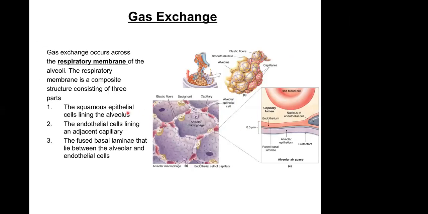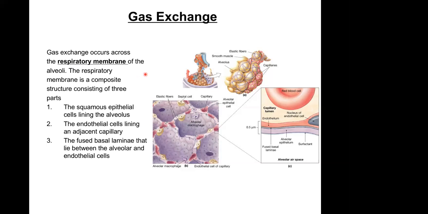The respiratory membrane is nothing but the squamous epithelial cell lining the alveolus, the endothelium lining the adjacent capillary, and the fused basal lamina, which is the basement membrane of these two cells. This is the respiratory membrane, where gas exchange takes place.